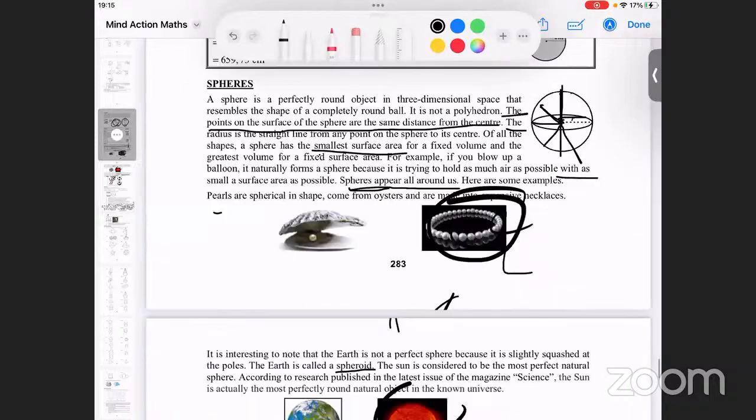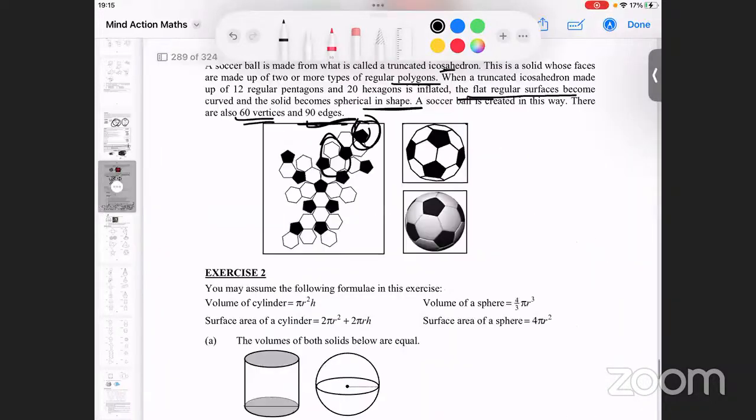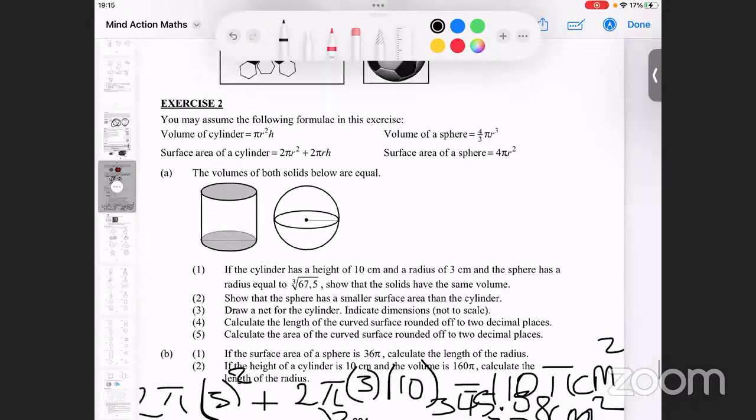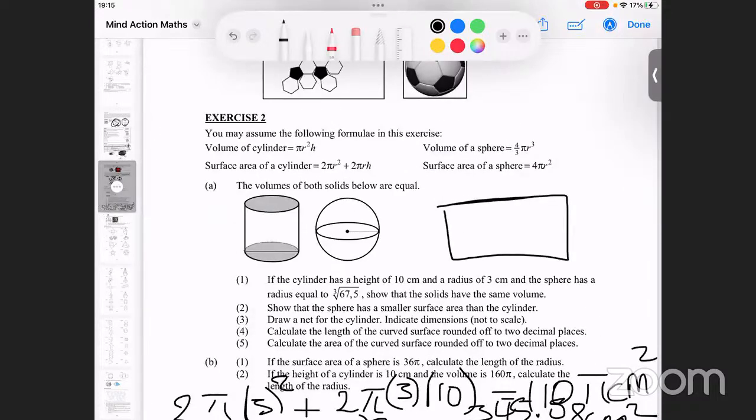So if we were to draw it, we're going to have something like this, with circles at the top and the bottom. You can write it like this or draw it like that. Then you have a radius.